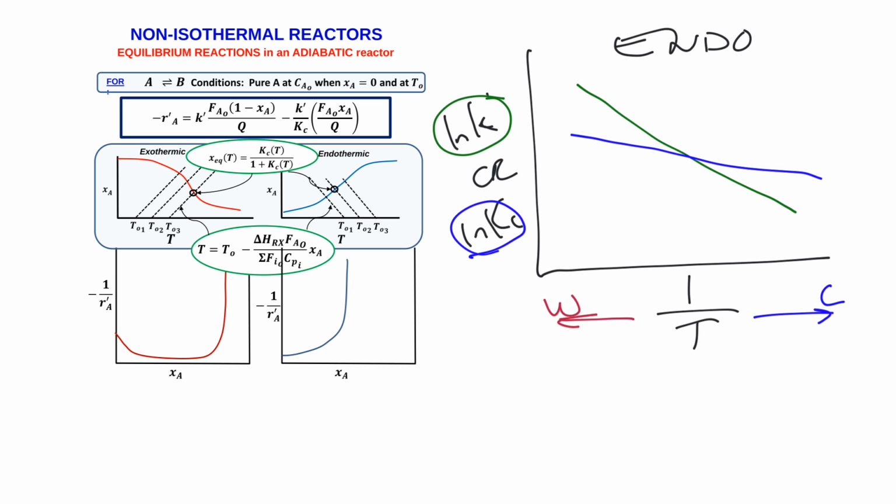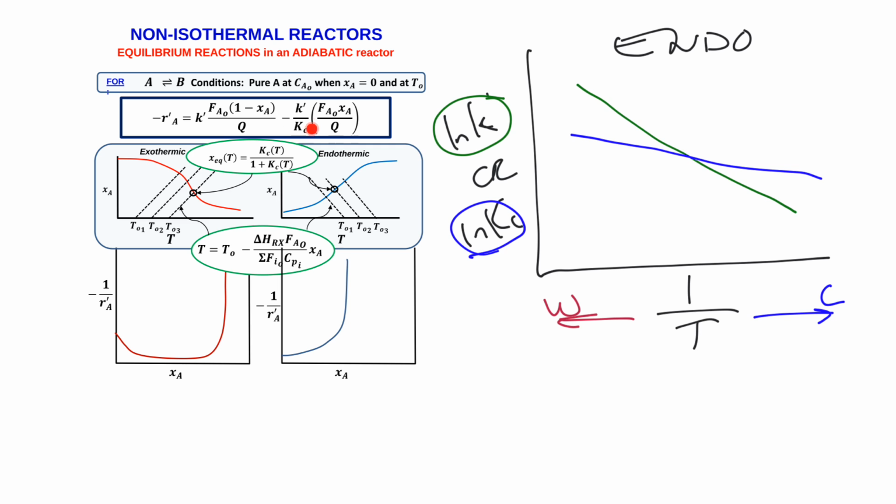For an endothermic reaction where the temperature is going to decrease along this adiabatic energy balance line, for my forward reaction, the Arrhenius line over here, the slope depends on the activation energy divided by R, of course, and this decrease will be observed with a decrease in temperature. The same decrease, of course, will occur for the reverse reaction.